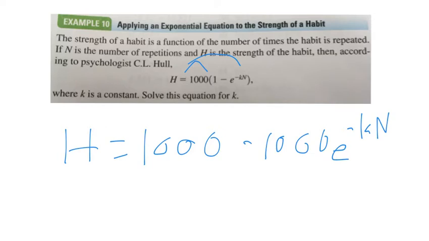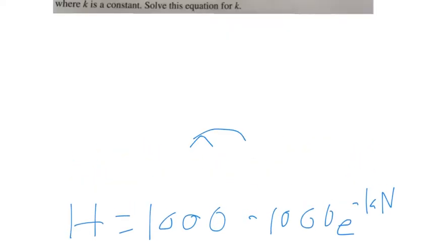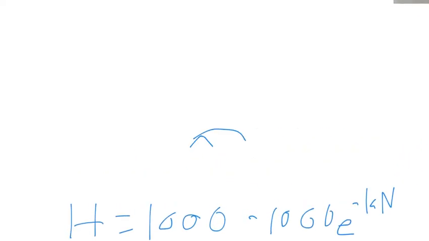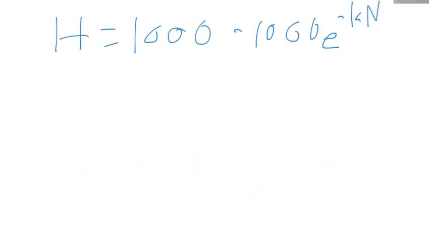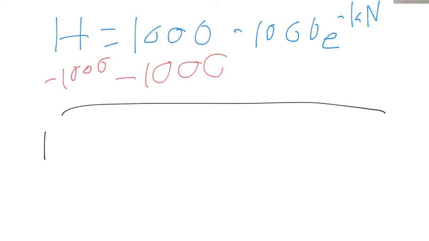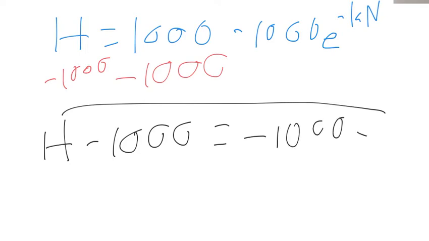Now we need to get the exponent term by itself. To do that, we need to subtract 1,000 from both sides. That would give us h minus 1,000 equals negative 1,000 times e raised to the power of negative k times n.